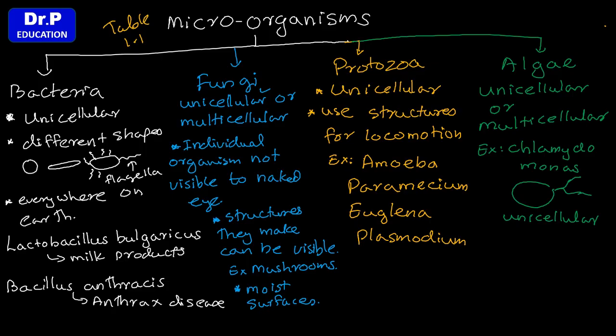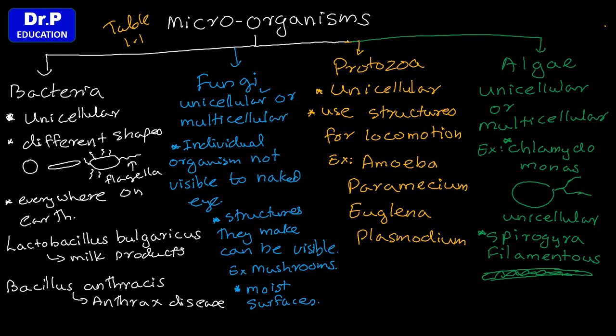Another example is Spirogyra. This is a filamentous algae. Filamentous means it's like a fiber. It's like this. And its material is inside.